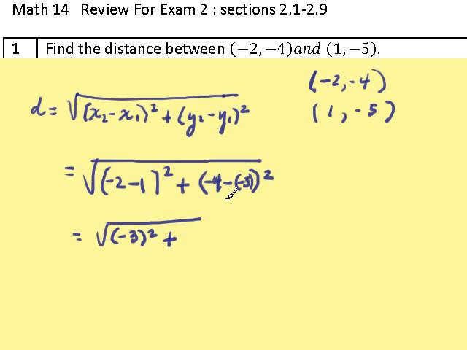And this is minus 4 plus 5. Minus 4 plus 5 squared, so that would be 1 squared. So we have the square root of 9 plus 1, and the distance is square root 10.